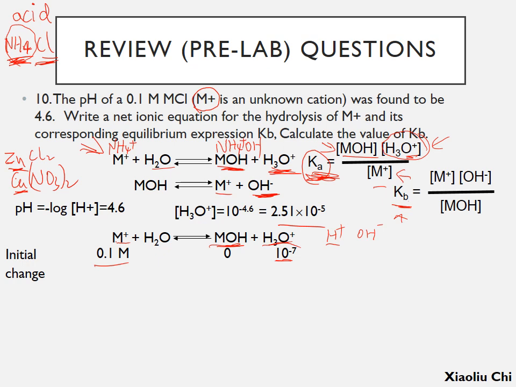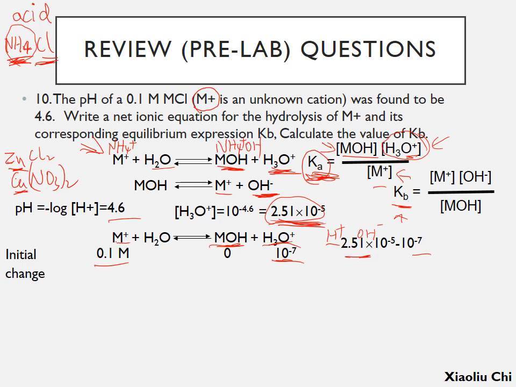So how much changed after reaction? After reaction, we know the hydrogen ion becomes this one. Initially, you almost had 0, only 10 to the minus 7 due to the auto-ionization of water. But now, after reaction, the pH value becomes 4.6. So hydrogen ion is 2.5 times 10 to the minus 5. So how much change is the product minus initial?